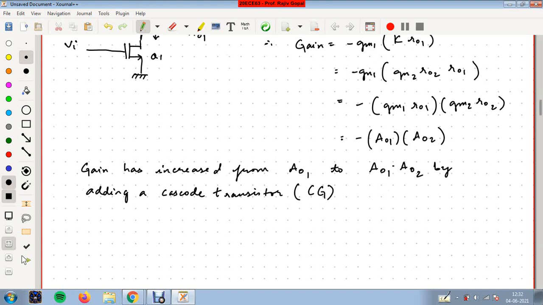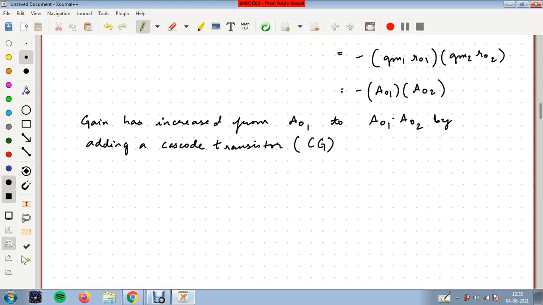So if by chance both the MOSFETs Q1 and Q2 which you are using are completely identical, they have the same transconductance, they have the same R0 values, right?